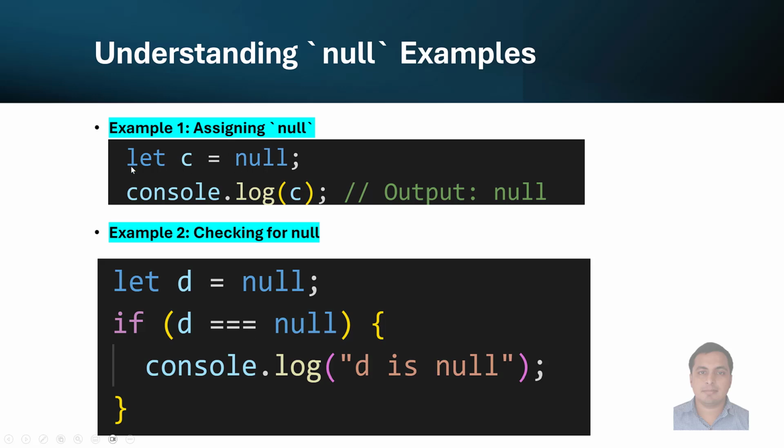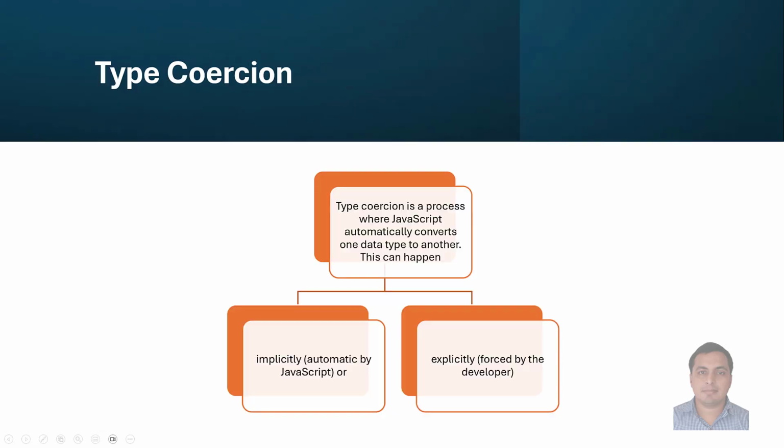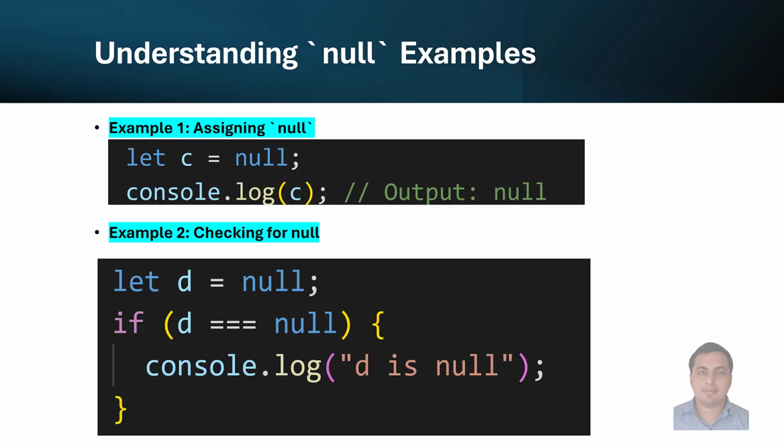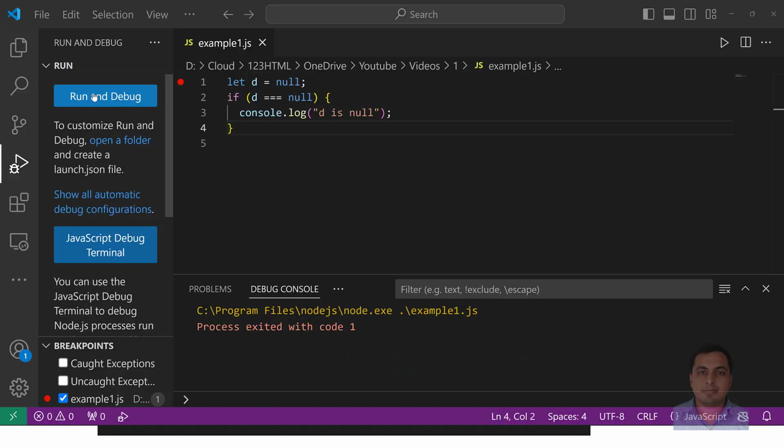Here we are taking a variable let c equal to null and then writing console.log c, and it will output null. The second example is checking for null. Here we put let d equal to null and say if d triple equal to null, then write console.log d is null, and obviously it will write that d is null. Let's run that as well. Let's run this code and see if it is printing.